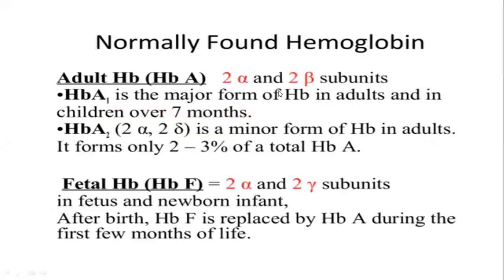So having said that, where do we find hemoglobin? There are different types of hemoglobin. If you want to look for normal hemoglobin in an adult, which I had indicated is called hemoglobin A or A1, the types of polypeptide chains we find in such hemoglobin are 2 alpha and 2 beta.